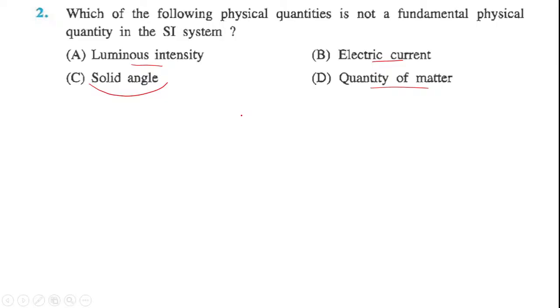Obviously, every quantity mentioned here, I wrote earlier, so you know very well which quantities are there and which are not. Still, I'm asking for the sake of simplicity. What could be the correct option? Undoubtedly, solid angle. Solid angle is a supplementary quantity. Do remember that. I hope it's clear in your head now.